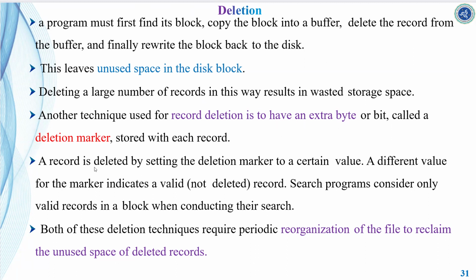In order to do the deletion efficiently, we have another technique: an extra byte or a bit called a deletion marker, which is stored along with each record. Whenever a record is deleted, the deletion marker bit is set to a certain value. A different value for this marker indicates that the record is not deleted, that it is valid.